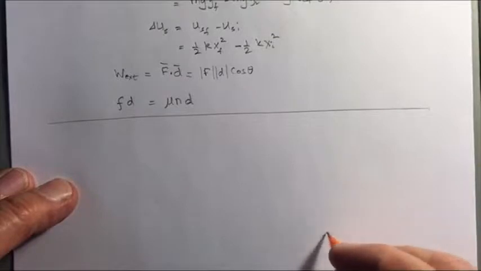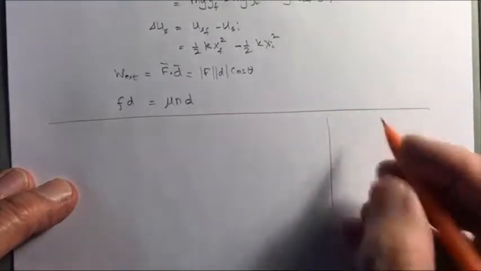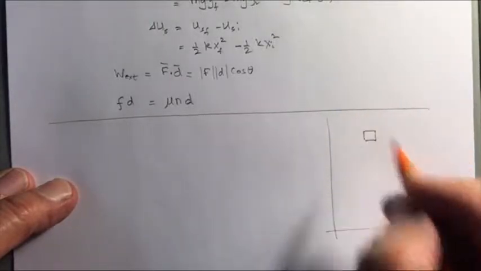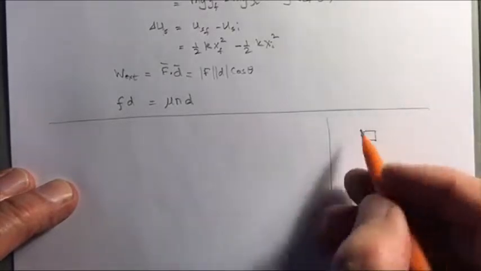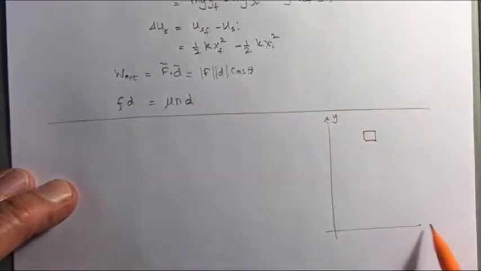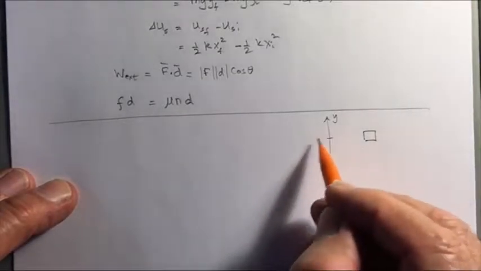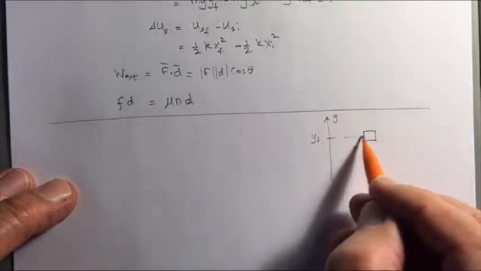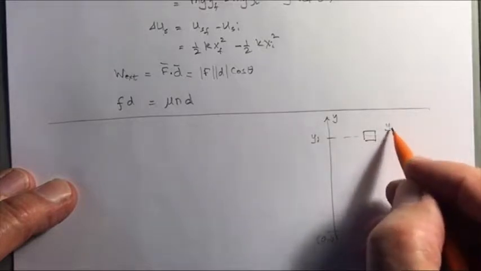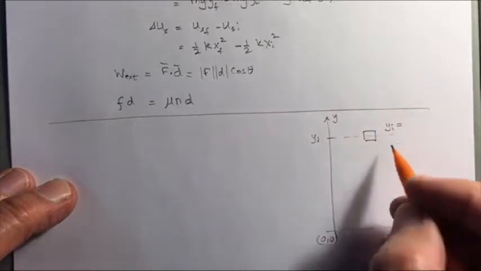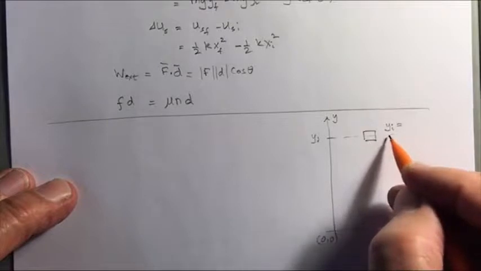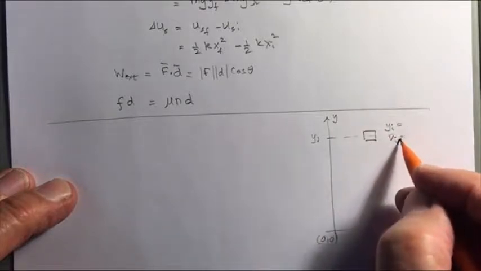So let's suppose that we have an object that we hold at that point. This is the y-axis, x-axis, this is 0, 0. This is the y initial, that's the initial position of this object. So we know that value, and we are holding it here, so v at the initial position is 0.